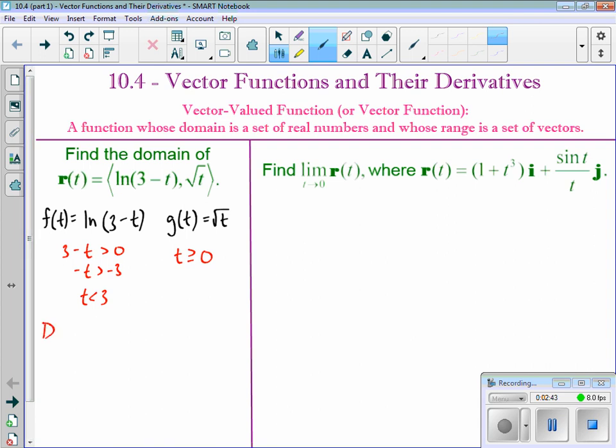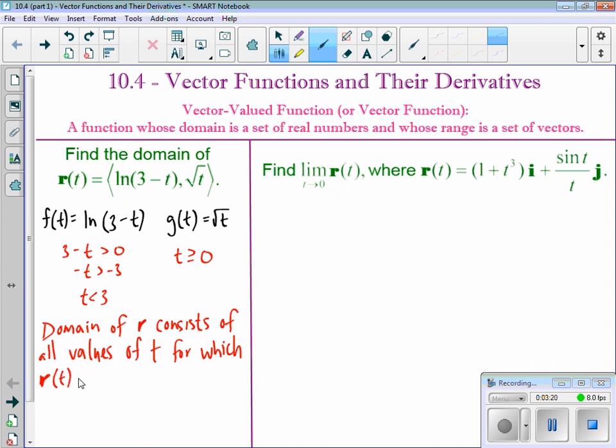So we'll write ourselves a note, because these are notes that we'll possibly use again in college next year. The domain of your vector r consists of all values of t for which r of t is defined.